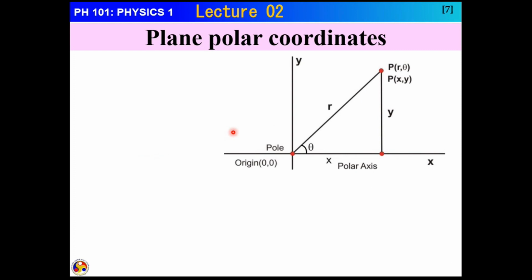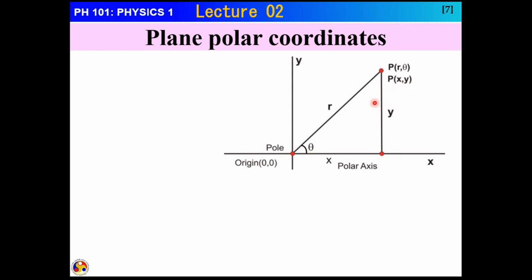In the plane polar coordinate system, the point P is represented as two parameters r and theta instead of x and y. x and y are the parameters used for the Cartesian coordinate system.